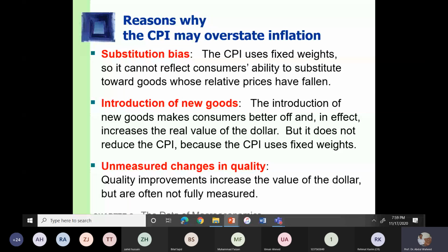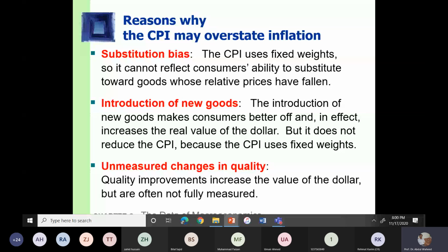But it could be reflected that the cost is the same, because you are paying this price, but actually if you are paying the same price and the quality of that good has improved, then it means you are better off. So these are the problems because of which we say that CPI may overstate inflation.